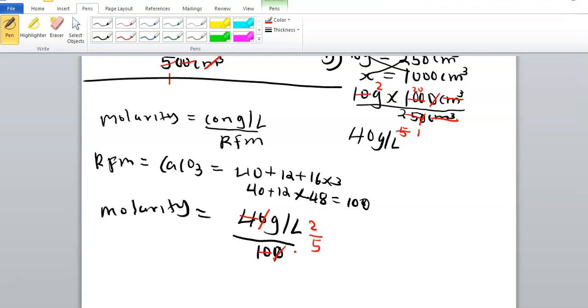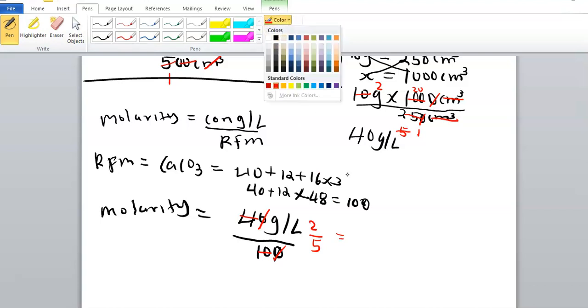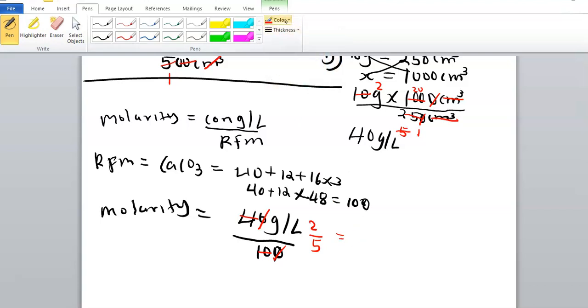So when you divide 2 by 5, what do you get? 2 divided by 5, obviously, that's a simple fraction, is 0.4. The answer is 0.4 molar of calcium carbonate. That's the molarity of calcium carbonate.